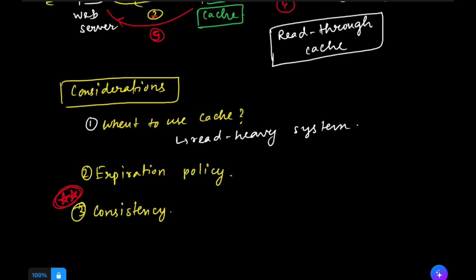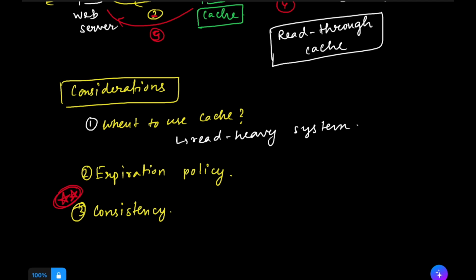In that single transaction, data modifying operations have been performed on the data store, but in the cache the data has not been updated. So there is an inconsistency between the data present in the cache and the data store. We need to keep in mind while designing our system how we will handle this inconsistency depending on our use cases.